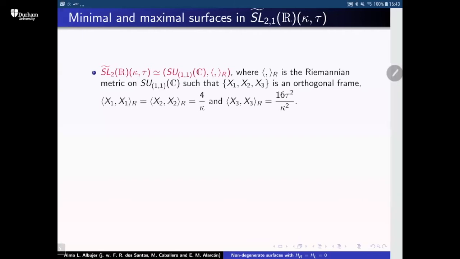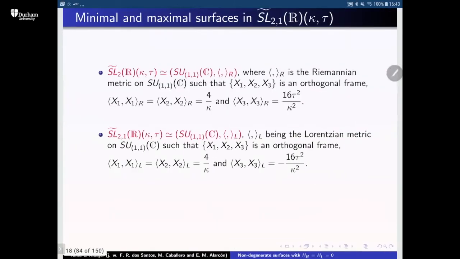And again, if we consider that x3 is a timelike vector field, then the only Lorentzian metric that makes this possible is the one that makes our space the Lorentzian homogeneous E(kappa, tau). In both cases, the normalized x3, so the vector T written in that way, is a vertical unitary Killing field.